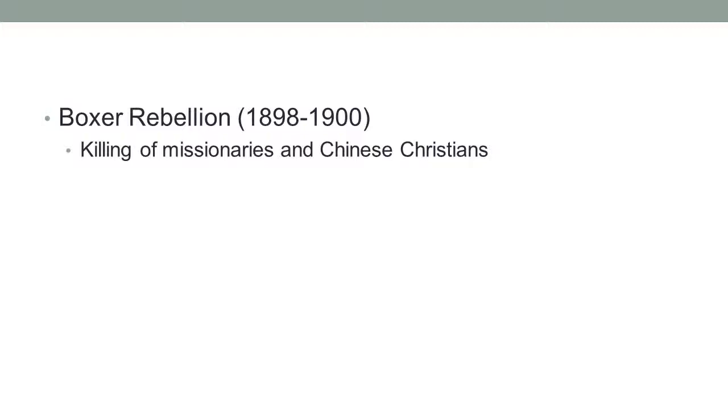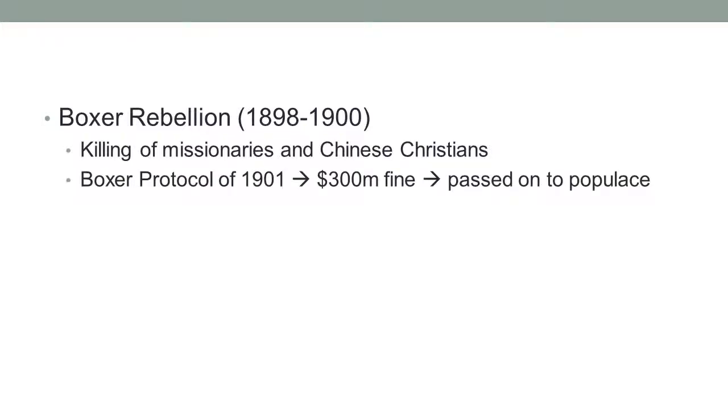They thought their spiritual belief would make them invulnerable to bullets, and they would be able to overcome. Now, of course, that didn't happen, or else we wouldn't be talking about the Chinese Civil War and how this was a long-term cause. The result is going to be the Boxer Protocol of 1901.